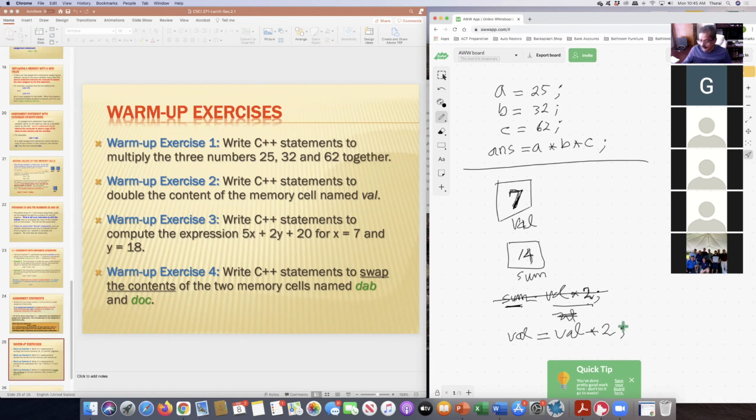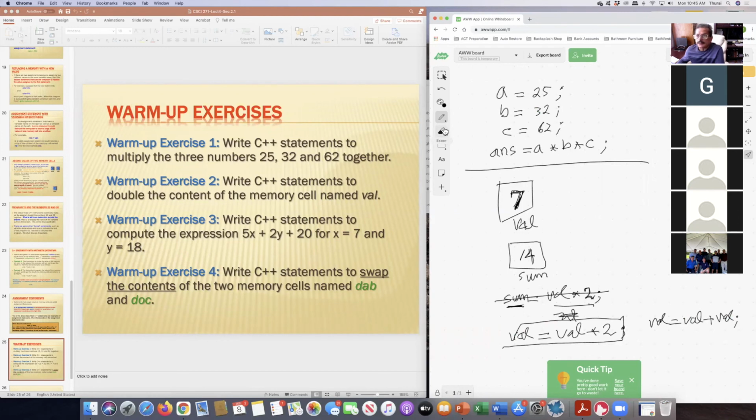So this is the right answer. Val equal to val times 2. Or another student wrote it this way, val equal to val plus val. That is correct too. Take val and add the same value. That's the same as doubling. That's another correct answer. There is more than one correct answer in computer programming.